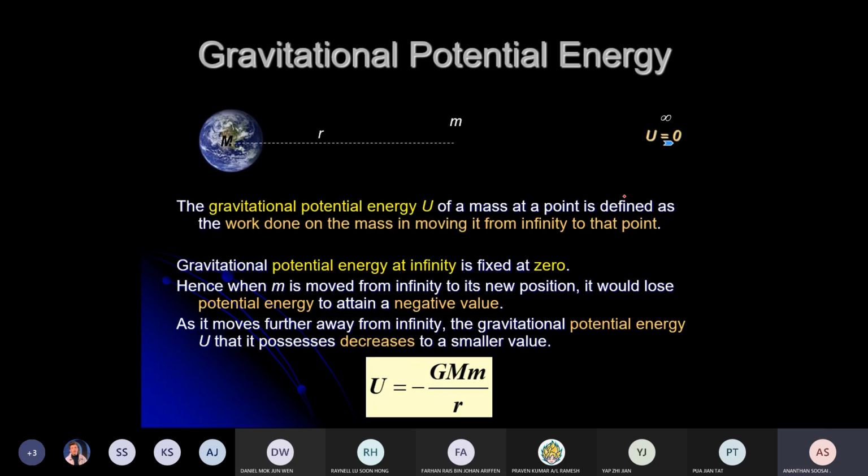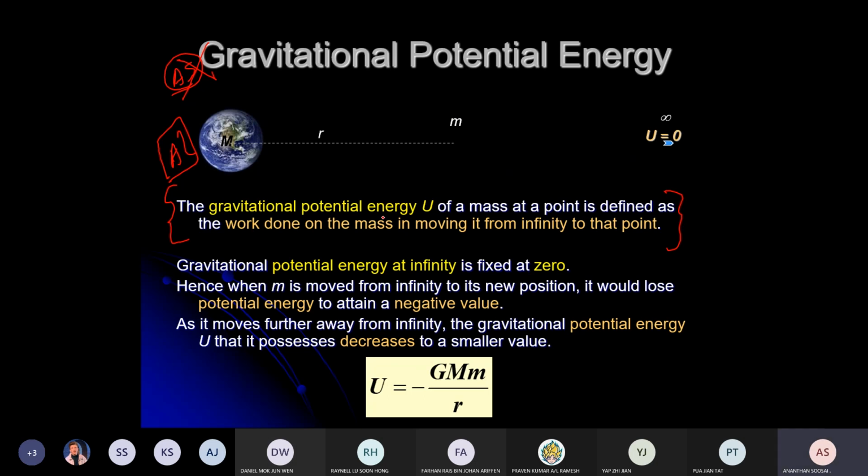This is the original definition of gravitational potential. This definition is never explained in AS. Don't use it for AS. This is for the A2 gravitational potential energy definition. Read here.